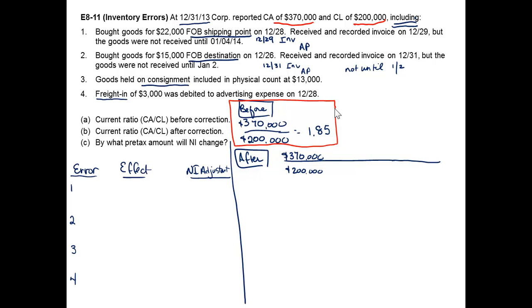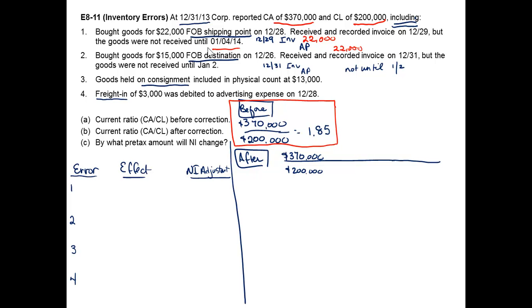Number 1, we bought goods for $22,000 FOB shipping point on December 28th. We received and recorded the invoice on December 29th, meaning we debited inventory for $22,000. We credited accounts payable for $22,000. But the goods were not received until January 4th.